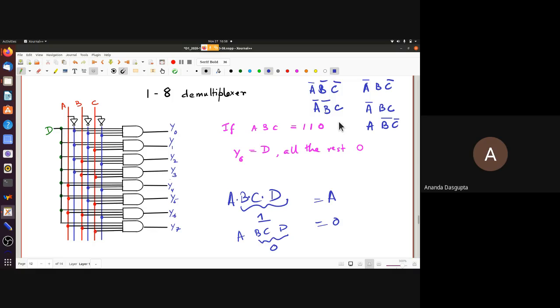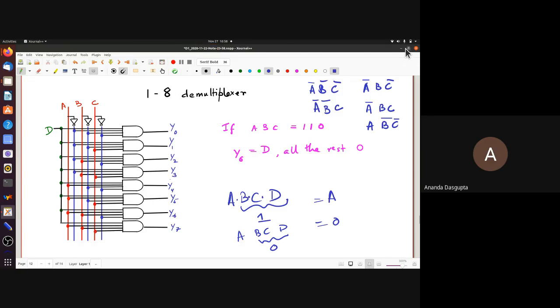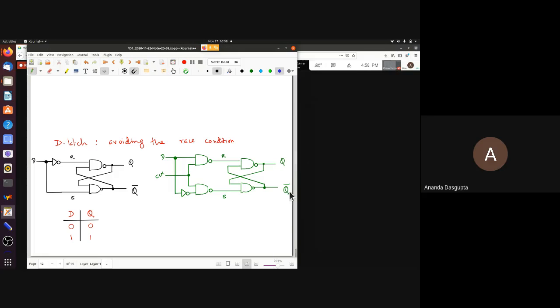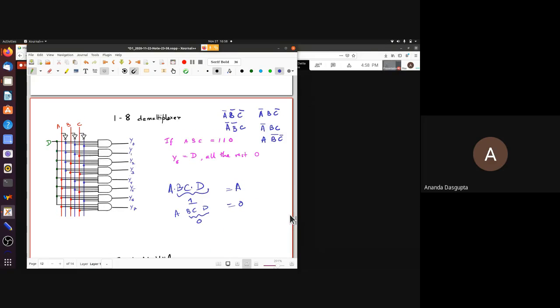But if you think in terms of binary numbers, then this becomes very easy. When is A bar, B bar, C bar high? When all 3 are high, right? And that means when all 3 A, B, C are low.